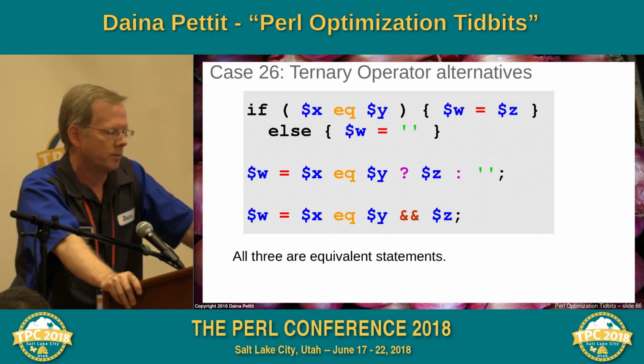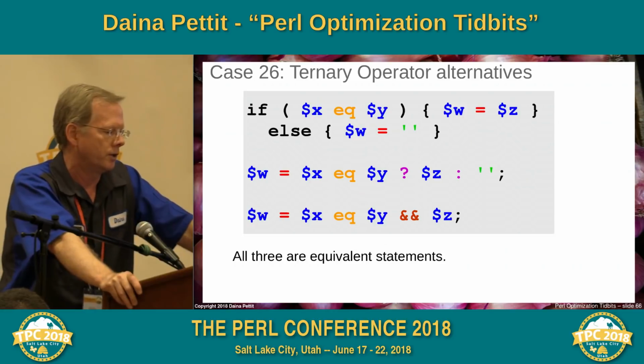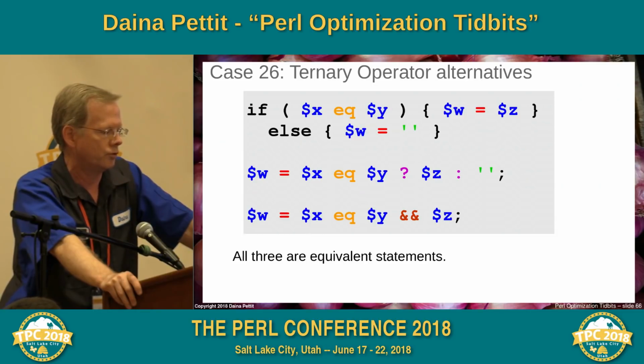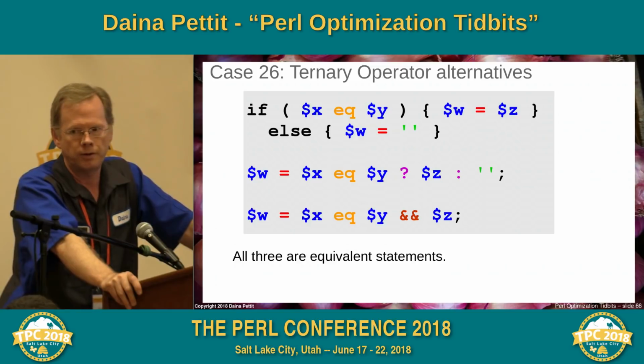The if-else form is pretty obvious how that works. The ternary, you should all be familiar with. The last one is looking at that double ampersand, evaluating the left-hand side of it first as a Boolean test, and then if that's true, it goes and does the right-hand side, which evaluates z, which then assigns z to w. But if it's false, then the value is going to be an empty string, which then assigns to w.